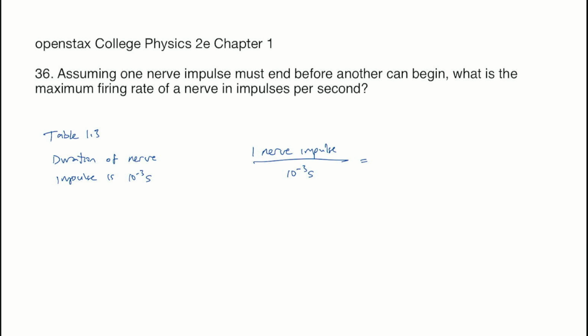And so we will have 10 to the 3. And then we have nerve impulses per second. And that was what we needed to find. This would be the maximum firing rate in impulses per second. And so it's about 1,000 nerve impulses per second.